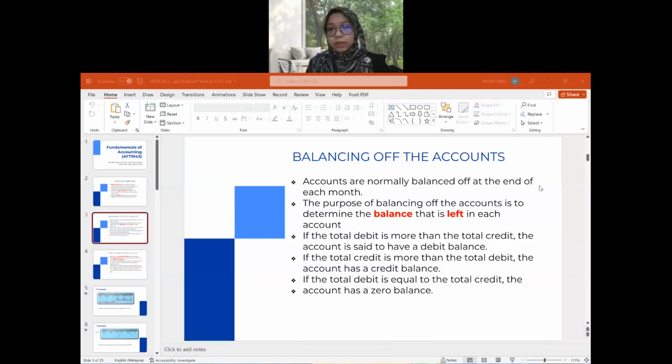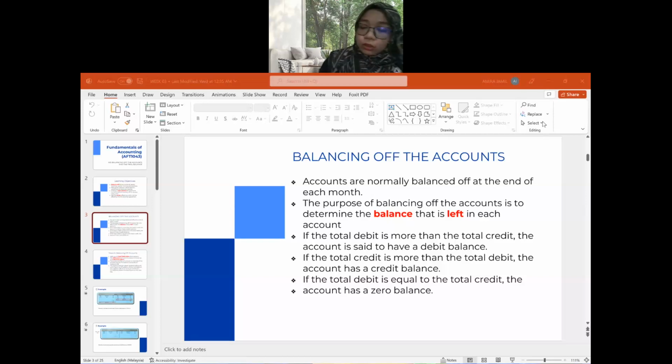We close it at the end of each month, on the 31st or 30th. The purpose of balancing the account is to determine what balance is left after all the transactions, at the end of the month, for each of the accounts.